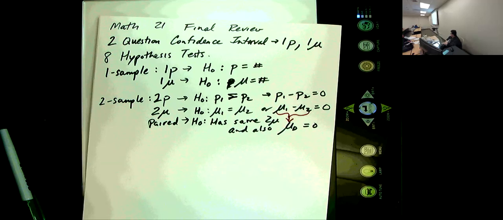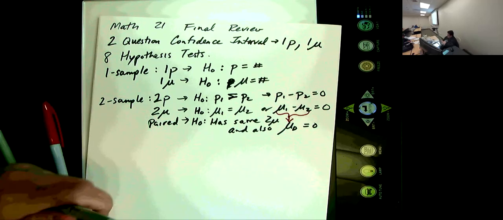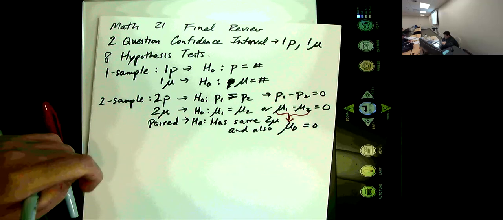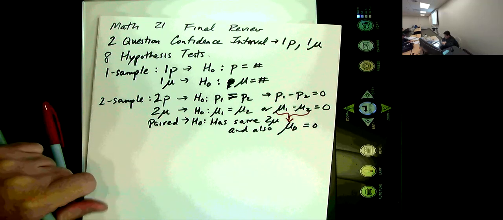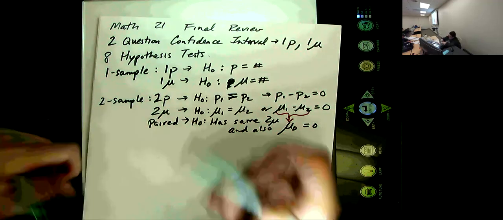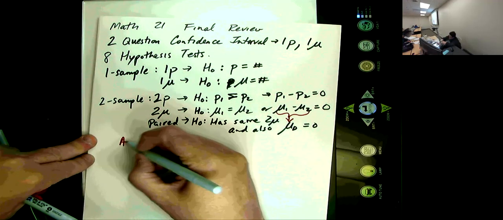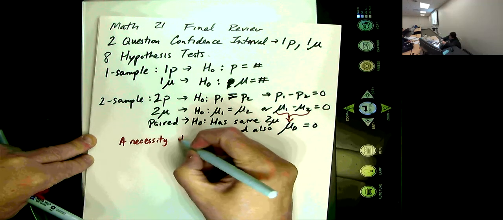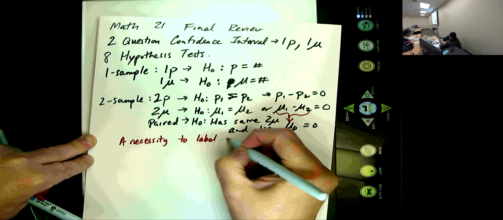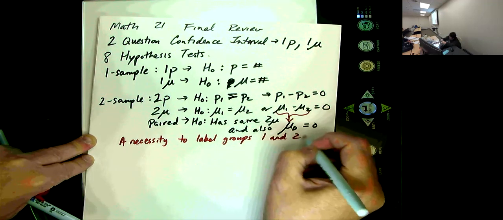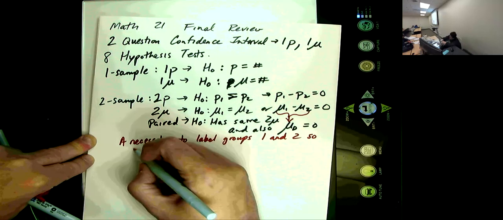You can use mu1 minus mu2 or mu1 equals mu2. HA has those inequalities, so it's a necessity to label your groups 1 and 2 so that they match HA.